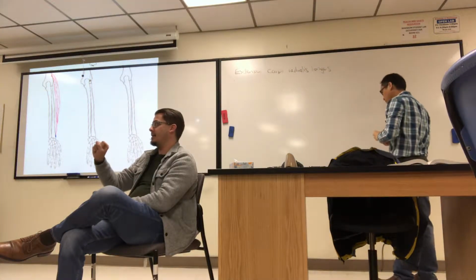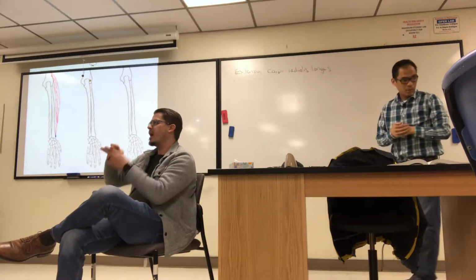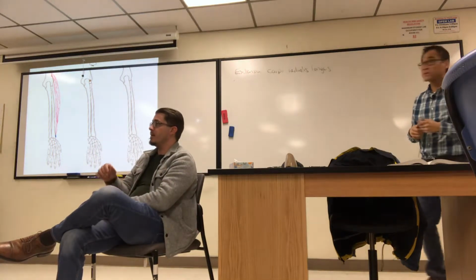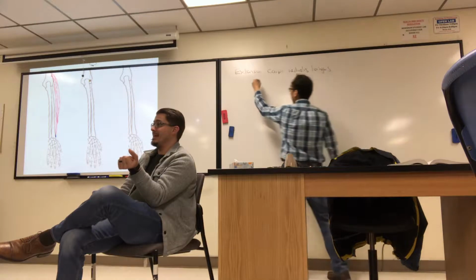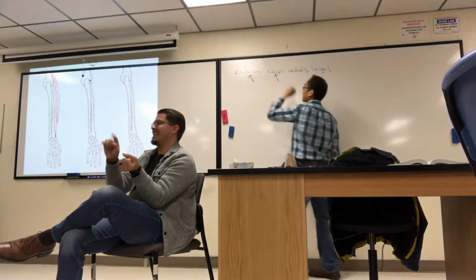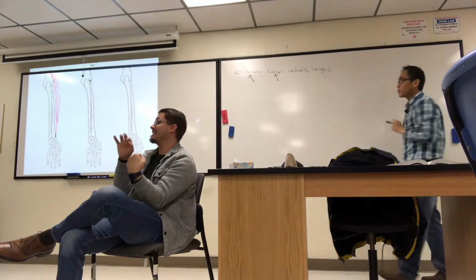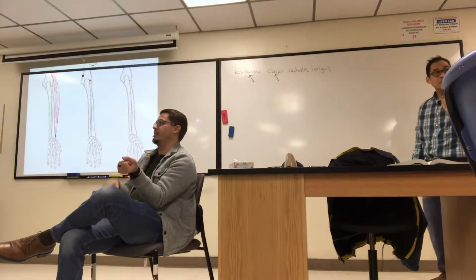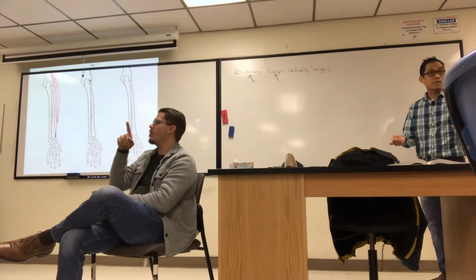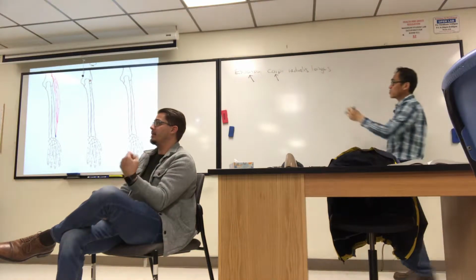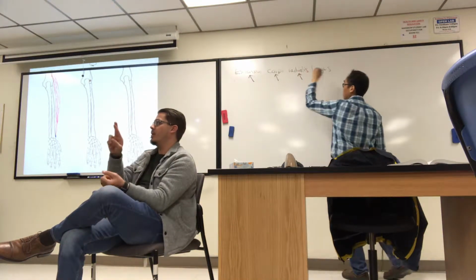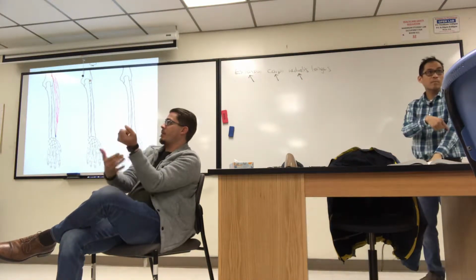This muscle is named for what it can do. It can extend the wrist, right? So it is named for its action. It's also named for the region it's located in, the radialis side in the posterior compartment of the forearm.